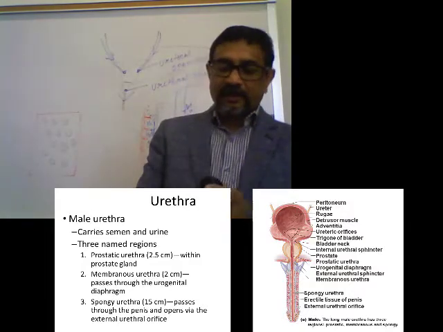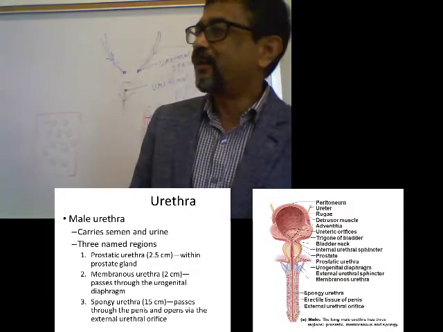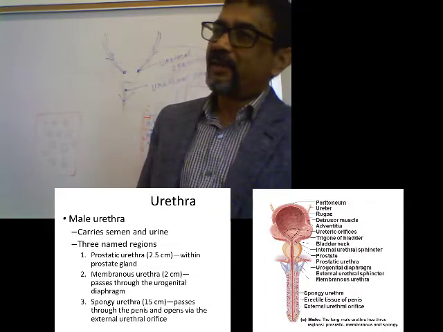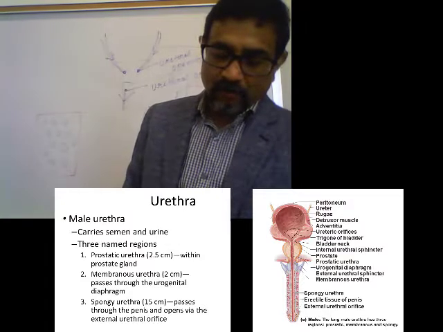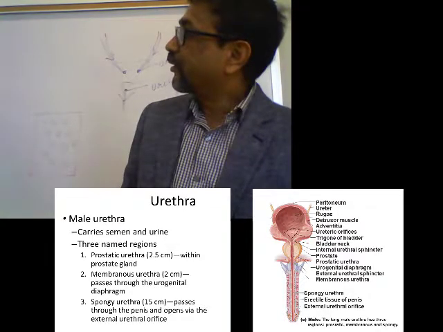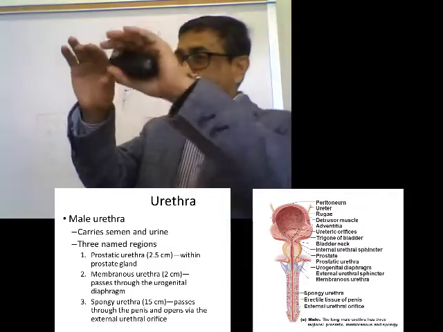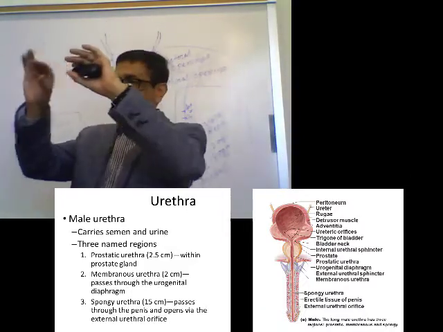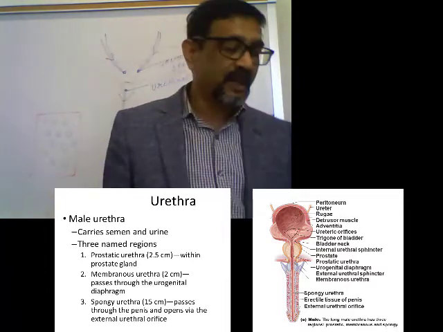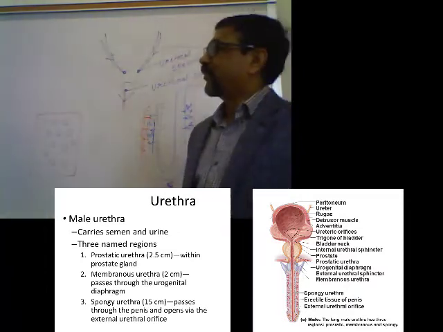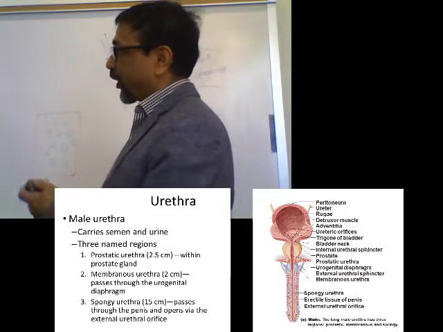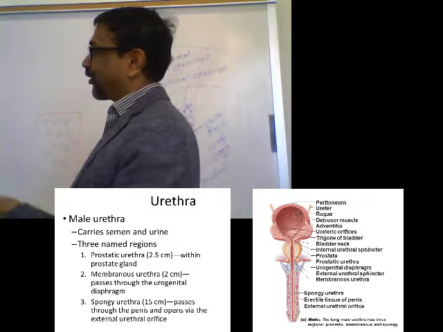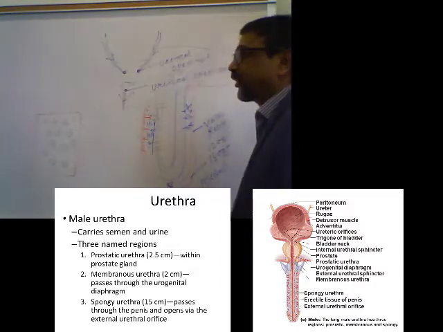Then second part is very short, only about 2 centimeter long, and this part is surrounded by a diaphragm, a muscle like this, that is called urogenital diaphragm. And third part is the longest part, about 15 centimeter long. This is inside the penis, and this part is called the spongy urethra.